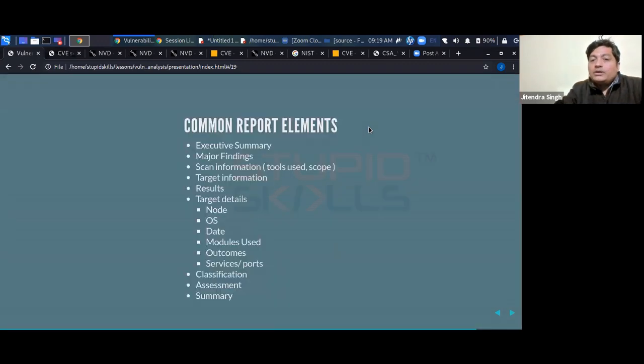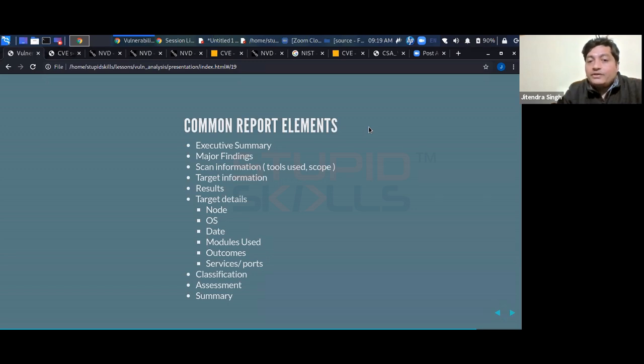Some of the common report elements that you would find in these tools are an executive summary, then some major findings they should be able to report, then scan information. I said that you might not use one tool or two tools, you might use multiples, but whenever you create reports, these are some important elements that make them actionable.